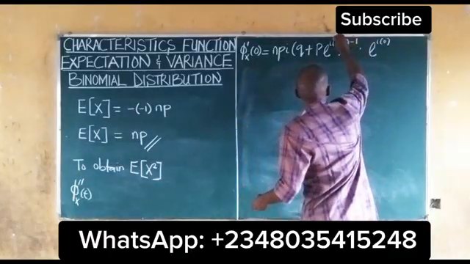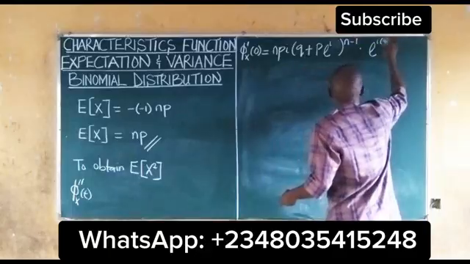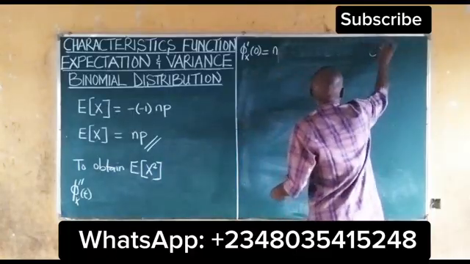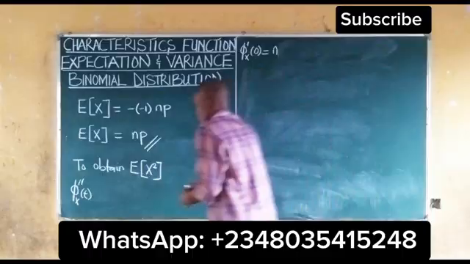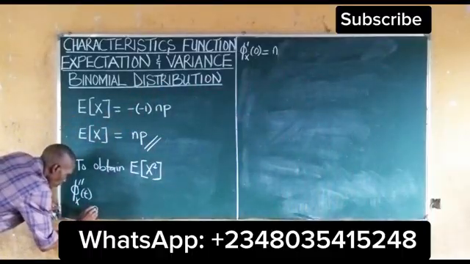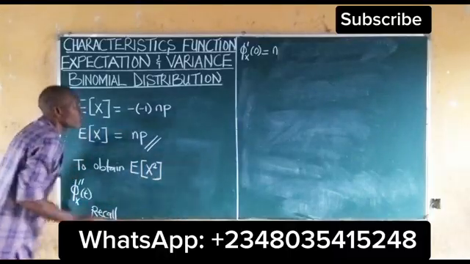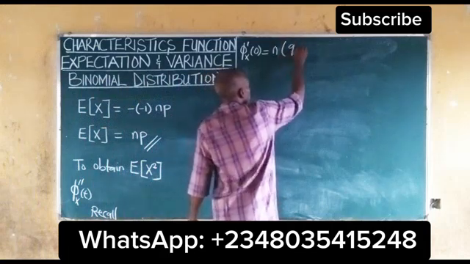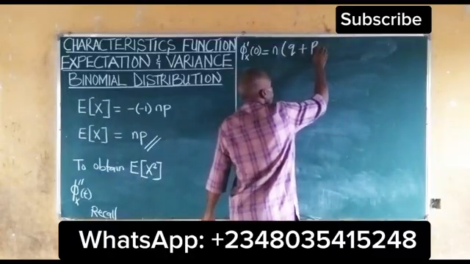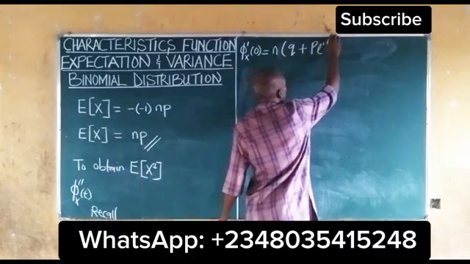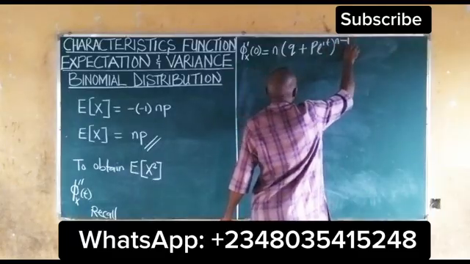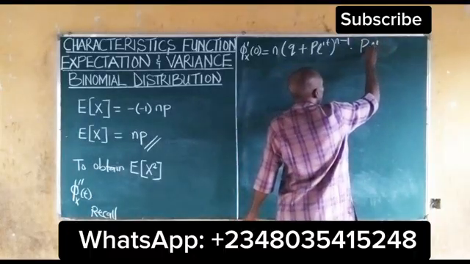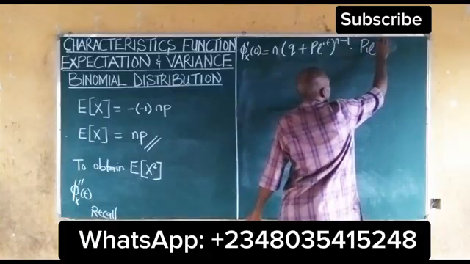In our first derivative, we got... so we write, recall that in our first derivative, when we differentiated, we got n(q + pe^{it})^{n-1} multiplied by pie^{it}.